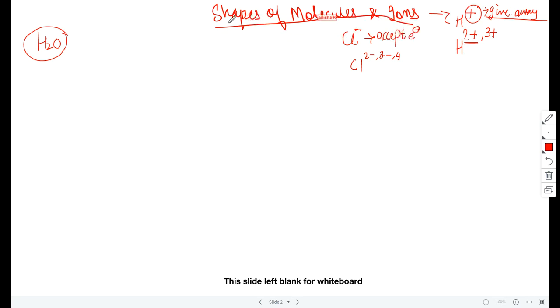Now, shapes of molecules and ions, there is a theory known as VSEPR. VSEPR stands for valence shell electron pair repulsion.